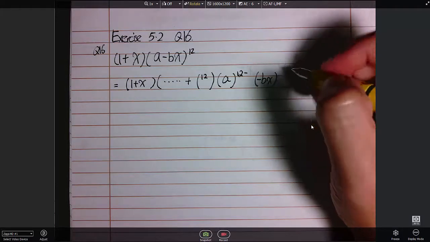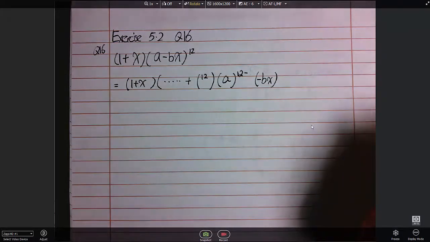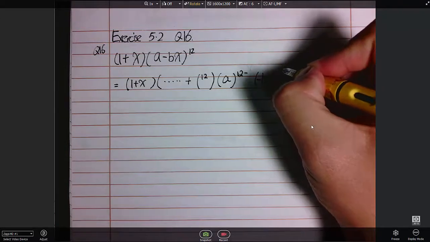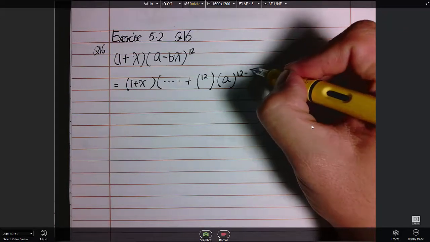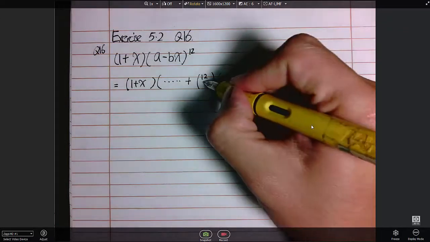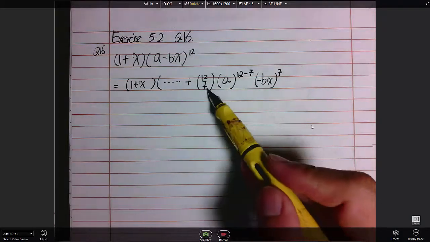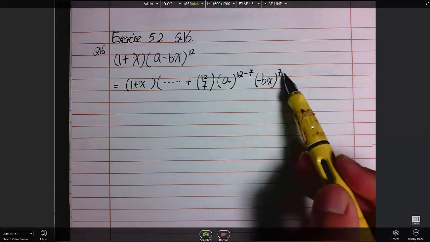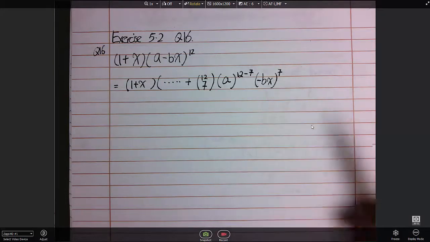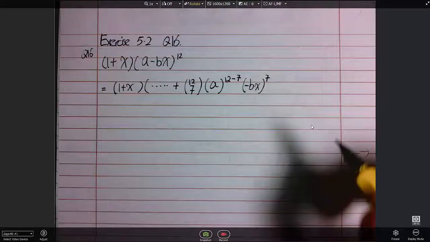Just as I said, I need the term in x to the power of 7 and x to the power of 8. So if I put 7 here, the term should be 12 minus 7, and here should be 12 choose 7. So you notice I actually left the r term blank first, then worked backwards because I want the x to the power of 7 term.